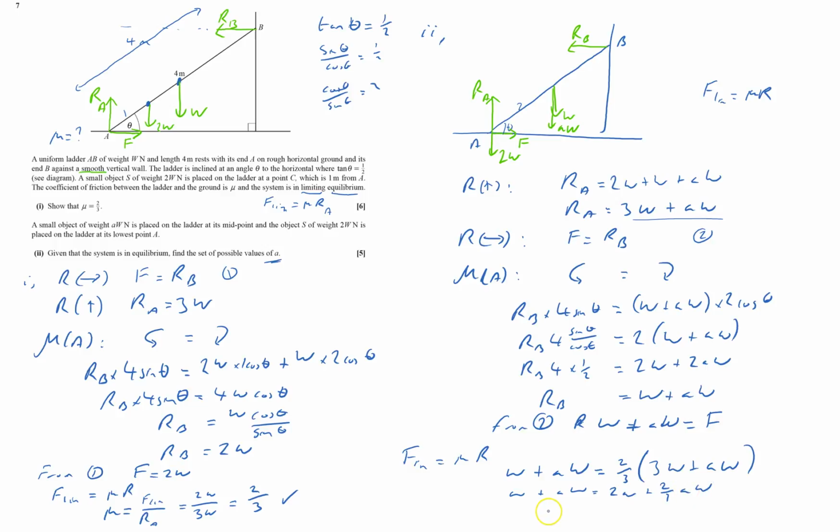That will give me 1/3 of AW, because I've got a whole AW here minus 2/3 here, will equal W. Therefore 1/3 of A equals 1. Therefore, A equals 3. And obviously, if I put on more than 3 on there, it would slip. So A has got to be less than or equal to 3. That's my solution here, running out of space. And that's 7 done.